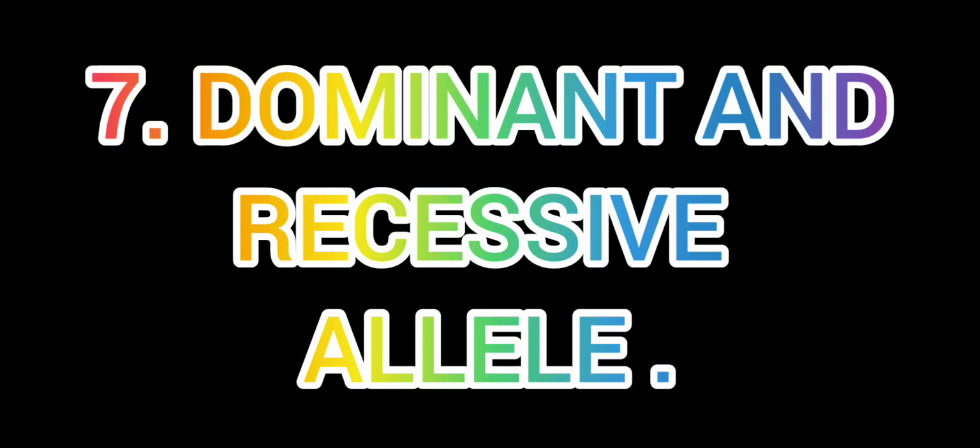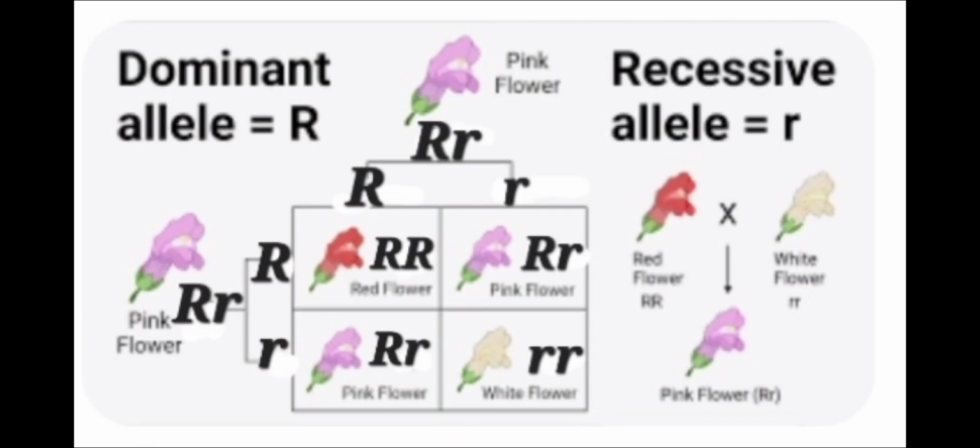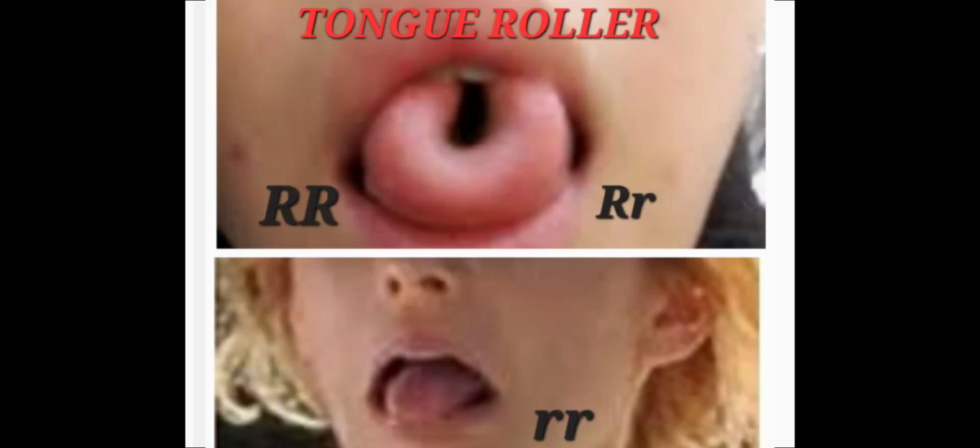A dominant allele is a kind of allele that expresses itself regardless of the presence of another matching or non-matching allele. For example, tongue rolling is dominant over the non-rolling trait.